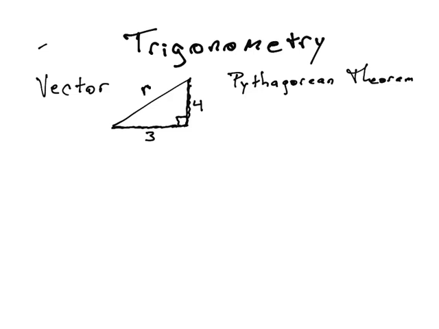Well, first of all, there's a special name for that side of the triangle. This side, r, is the side which is opposite to the 90-degree angle. Because of that, it must be the longest side of my triangle, because the 90-degree angle is the biggest angle of the triangle. So that side has a special name. It's called the hypotenuse.